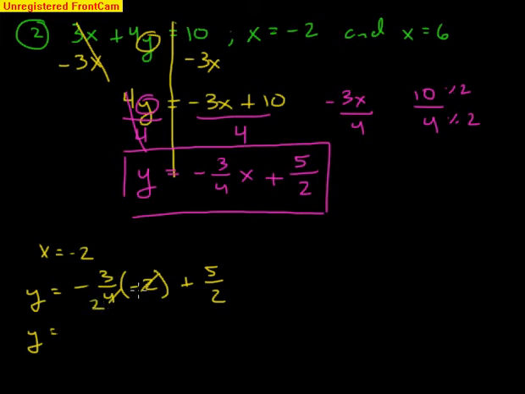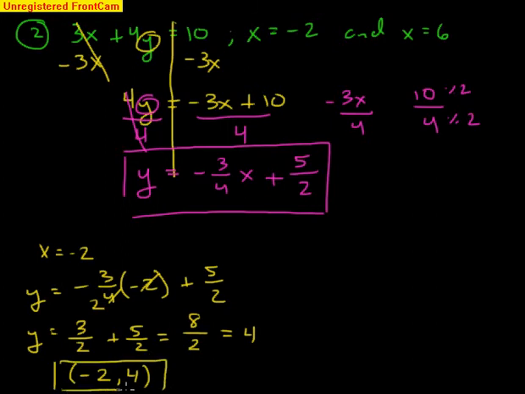So now this 2's gone away, and now we have a fraction 3/2 plus 5/2. Common denominator is 2, already done. Add the numerators, 8, keep the bottom the same, 2. 8 divided by 2 is 4. So the answer I'm looking for when x is -2, y is 4. Just like that, in a point.